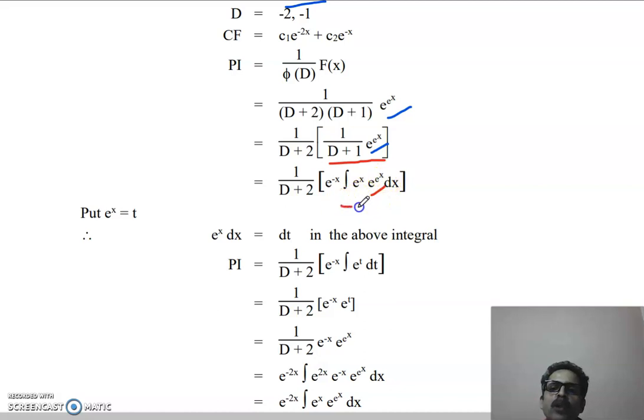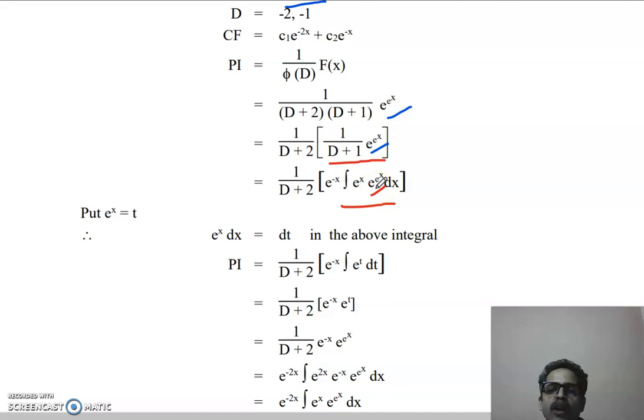Now we have to solve this integral, and this integral is not easy because we have an integral of a product. One function is e raised to x and the second function is e raised to e raised to x. We have no objection to the first function e raised to x, but the second function is more composite.